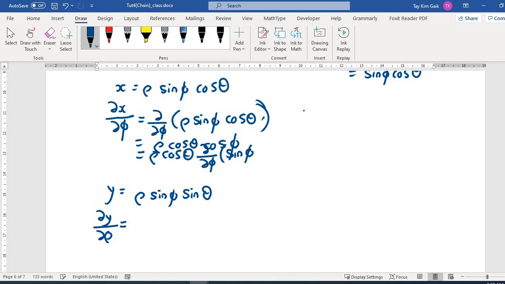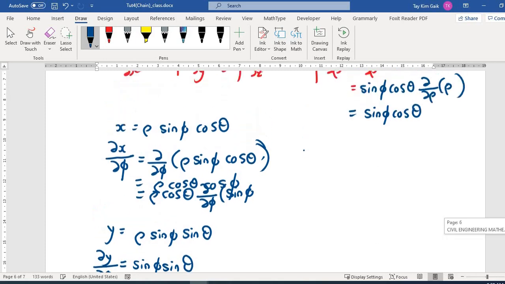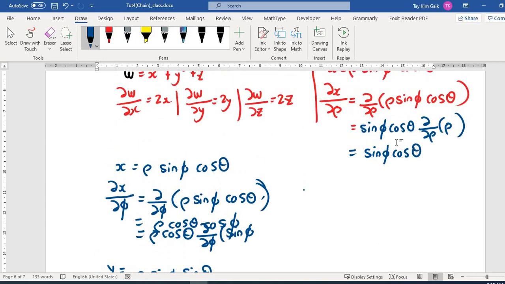Again, when you differentiate with respect to rho, sin phi and sin theta are constant. That's why del y del rho, you get the answer sin phi sin theta. Same as your del x del rho, you get sin phi sin theta.